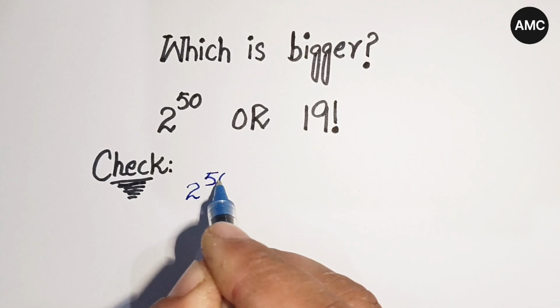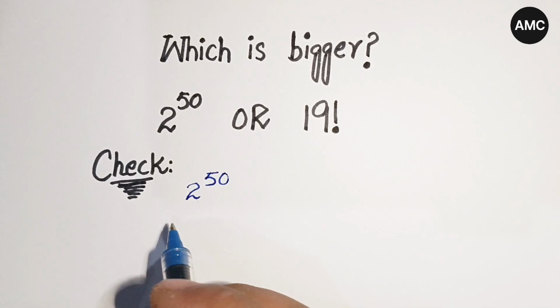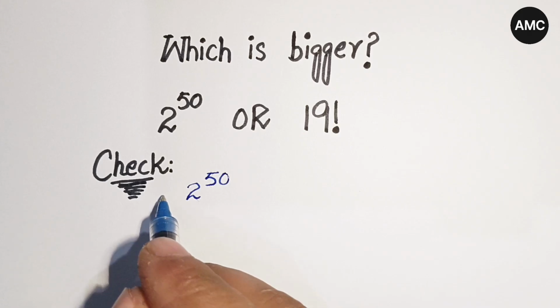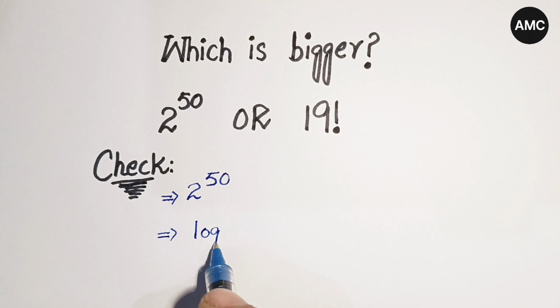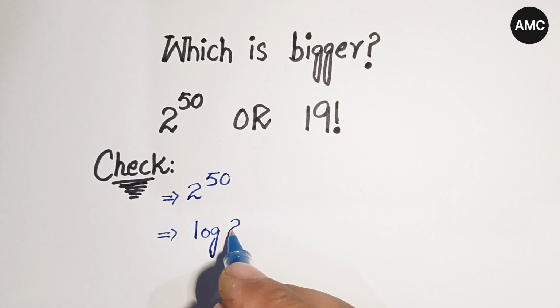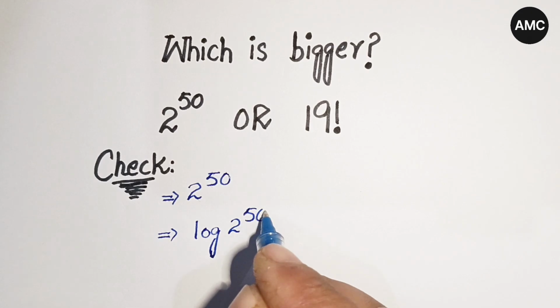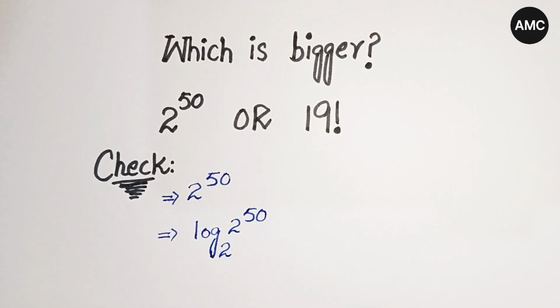This 2 to the power 50 can also be handled if we take the log, log of 2 to the power 50 to base 2.